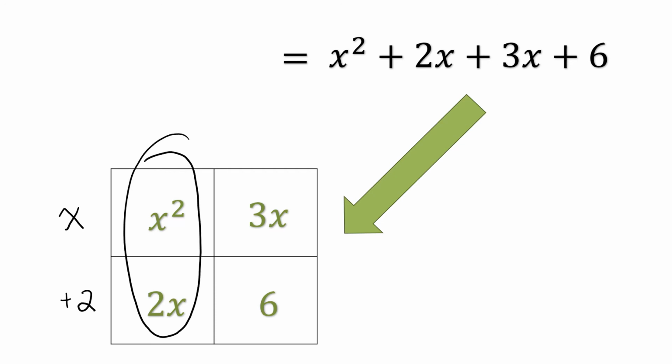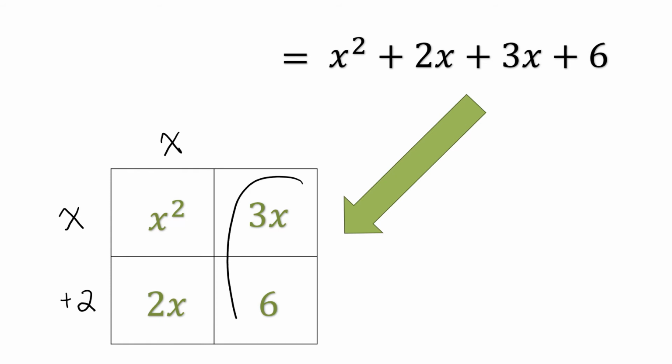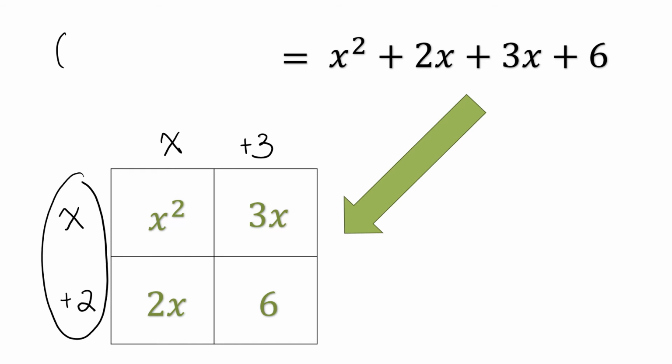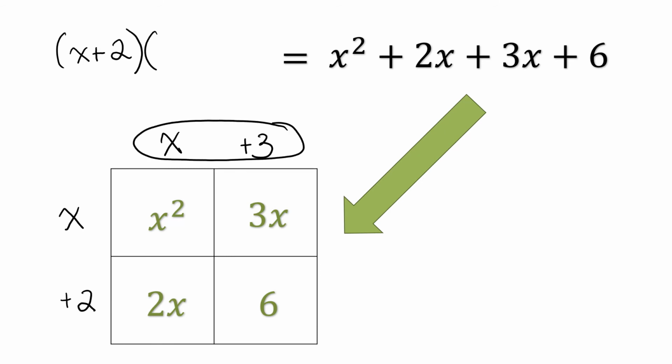The greatest common factor of x squared and 2x is x. The greatest common factor of 3x and 6 is 3. So the length on one side of my box is the quantity x plus 2, and the length of the top of my box is the quantity x plus 3. And that is how you go backwards through the expansion process, which is factoring.